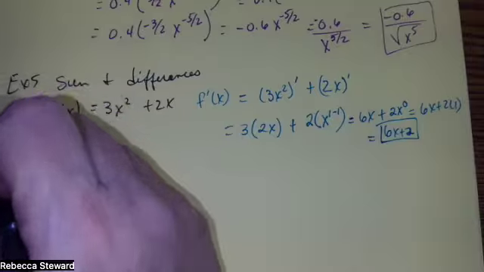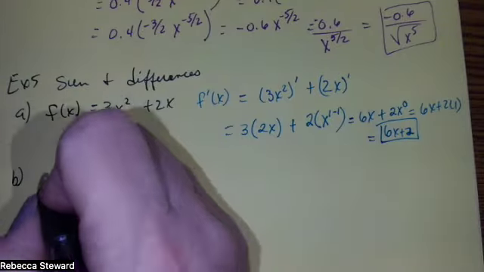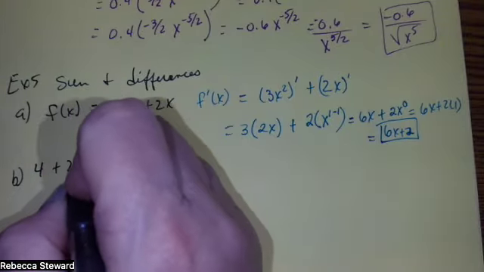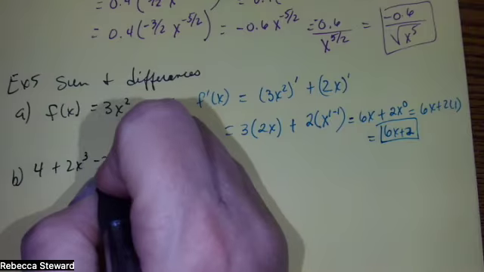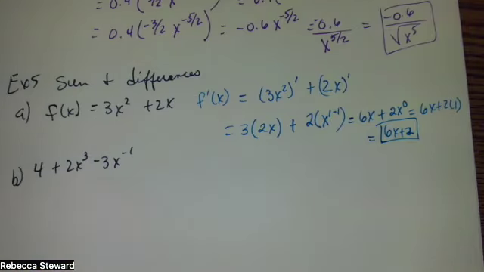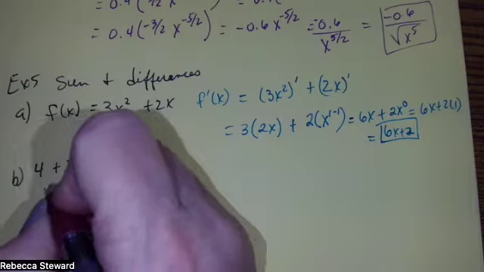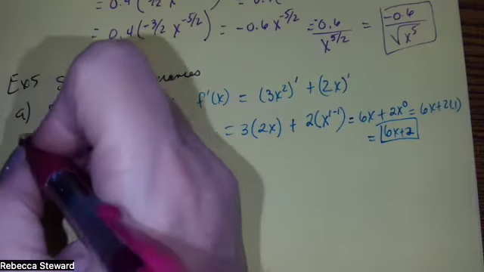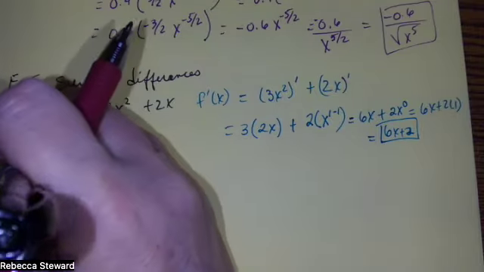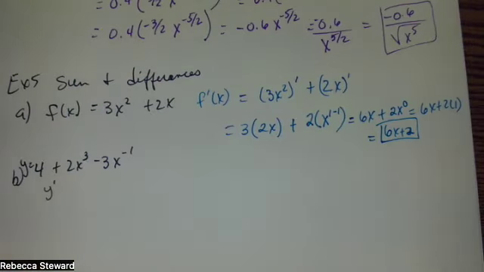All right, let's look at B. We have 4 plus 2x cubed minus 3x to the negative 1. So again, our y prime. Oh, and I forgot to write the y equals. That's a y equals equation.